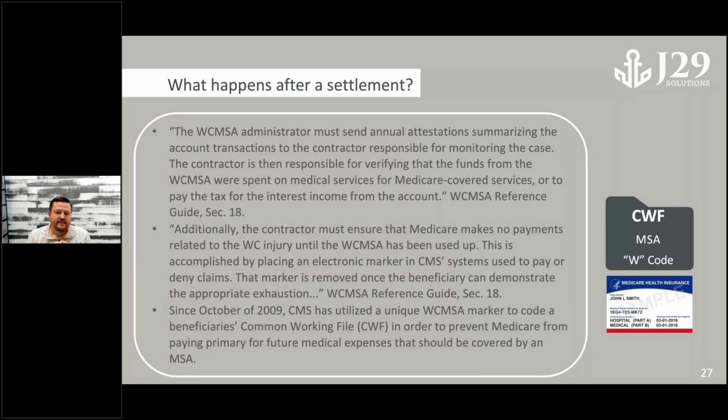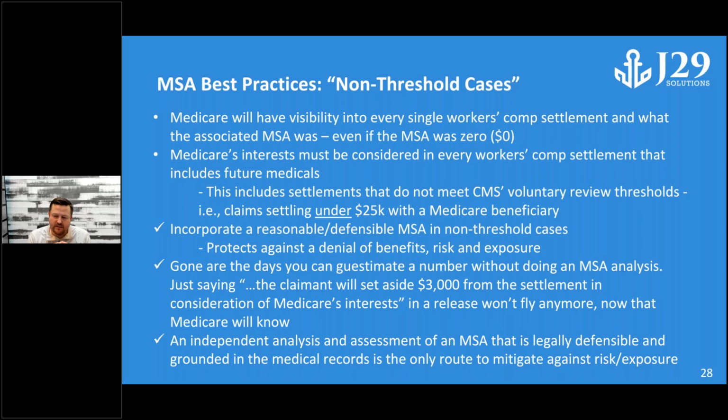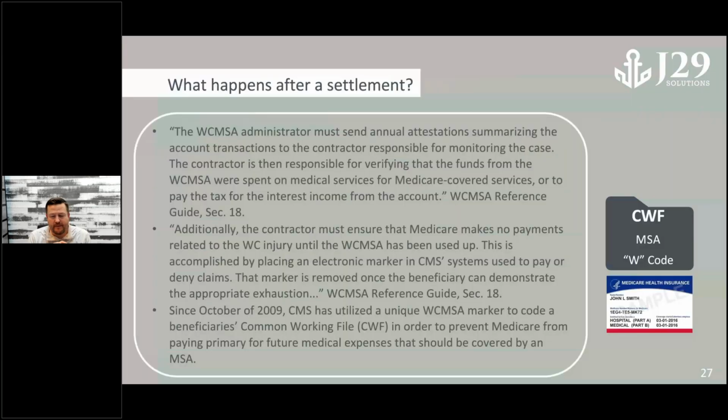So it does necessitate us to talk about what happens after a settlement, because I think there's a lot of mystery around that. Actually, you can go back one more slide if you don't mind, to 27. I think there's a lot of mystery around what happens after the MSA gets funded and it goes to an individual.